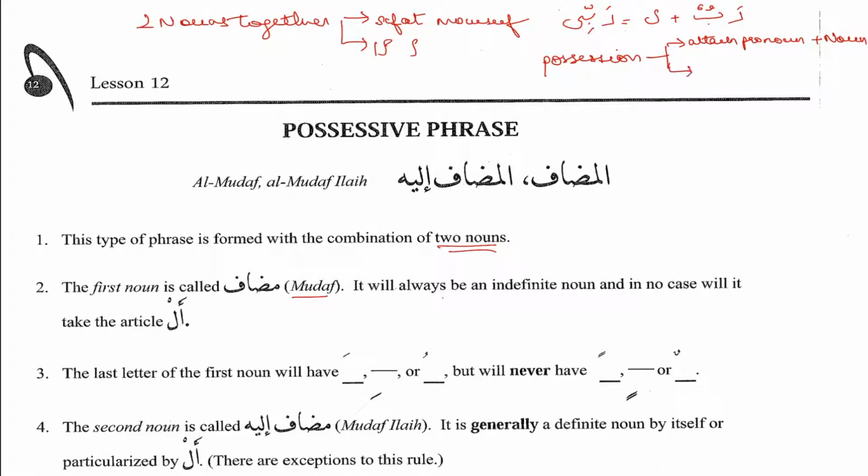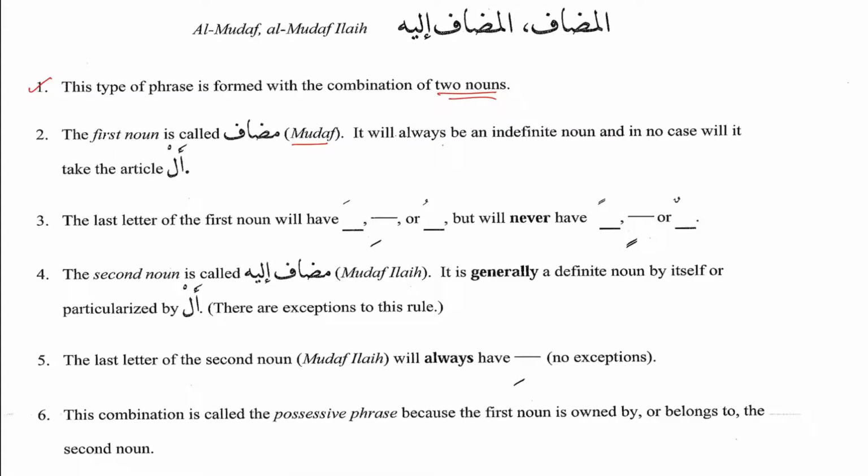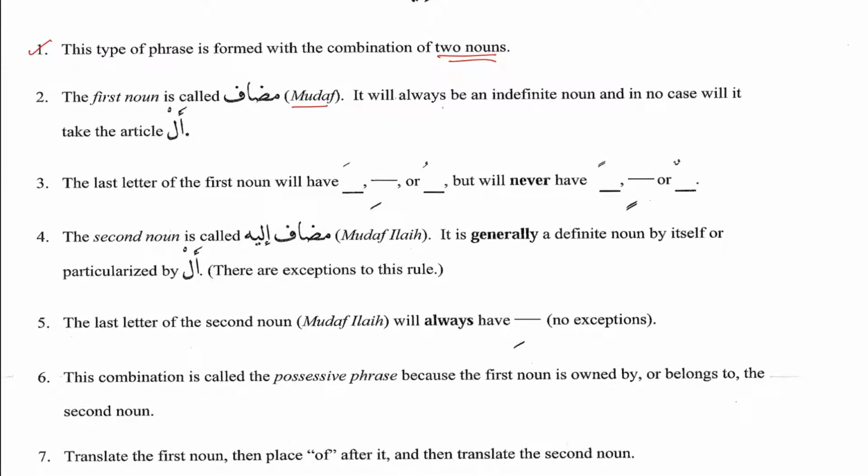The second way to talk about possession is mudaf ilaih, which we are going to do in this lesson. It's formed by a combination of two nouns. The first noun is called the mudaf, and this mudaf will always be an indefinite noun. It will never have an al before it.